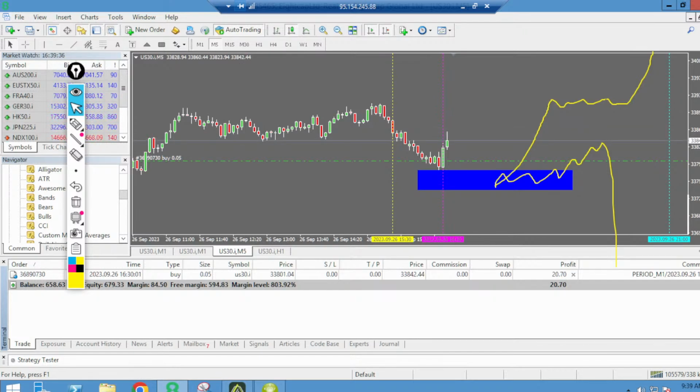Looking good so far, but as I said, guys, this can easily become corrective and come back to the downside. We need to see this keep pushing to the upside.